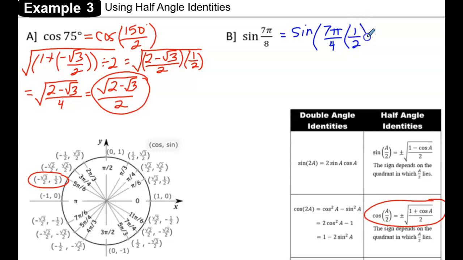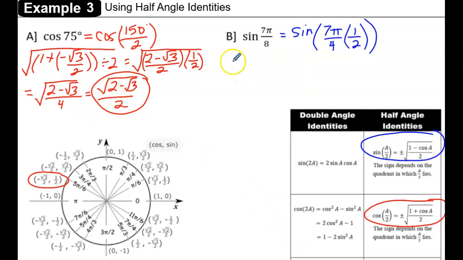Right? So 7 pi over 4 is double 7 pi over 8. So 7 pi over 8 is equivalent to 7 pi over 4 times 1/2. So I'll be using a half angle identity for sine.